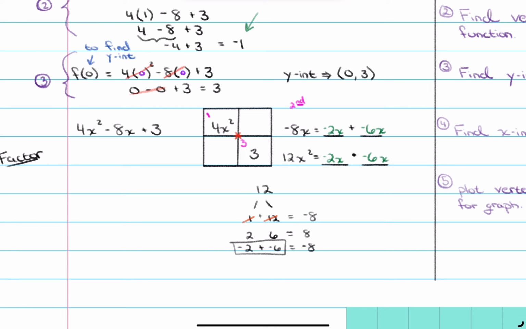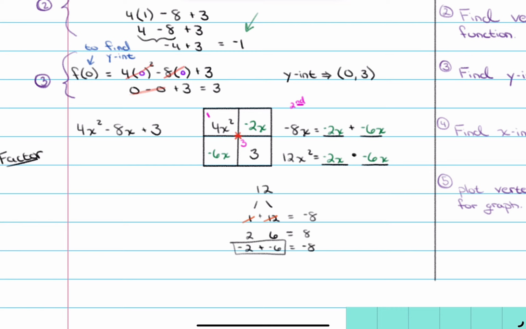Then we're going to plug those numbers in, doesn't matter where. I'm going to do negative 2x here, and negative 6x here. Now what we want to do is go vertically and horizontally, and find the greatest common factor of both terms.